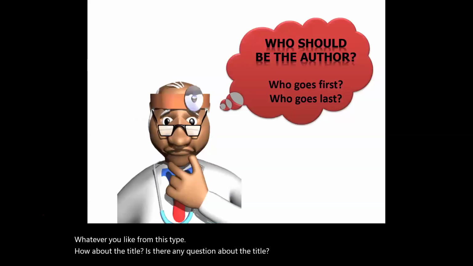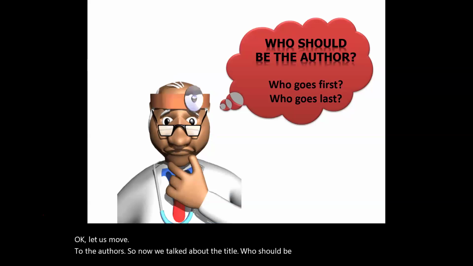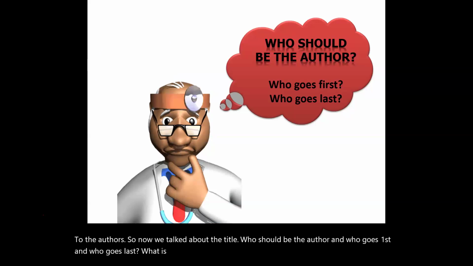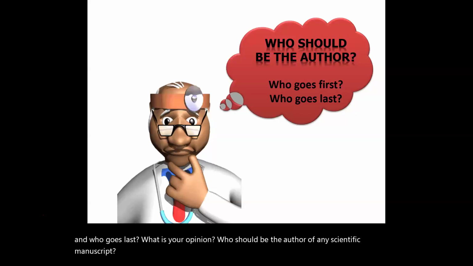Okay, let us move to the authors. So now we talked about the title, who should be the author, and who goes first and who goes last. What is your opinion? Who should be the author of any scientific manuscript? What do you think?